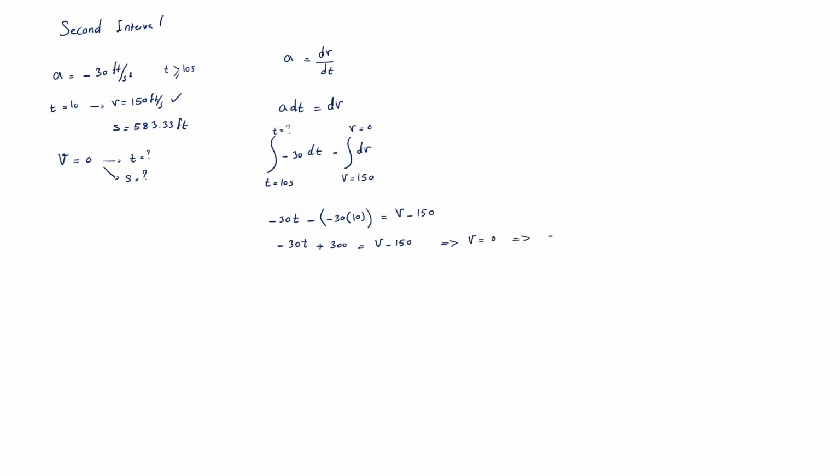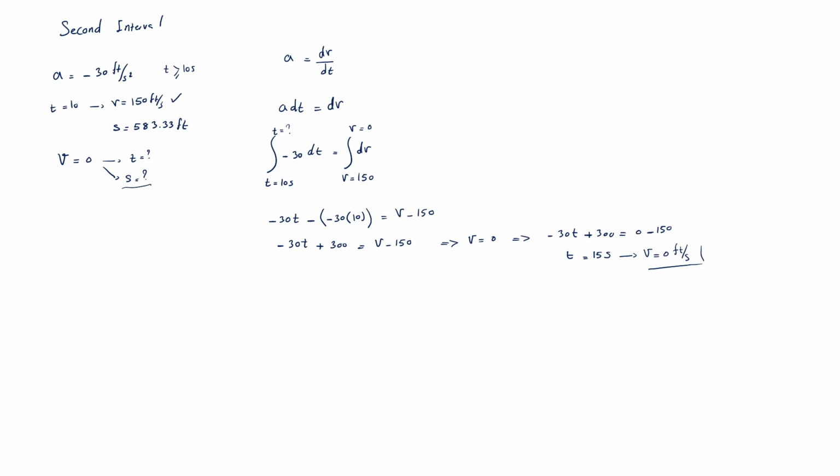So we have minus 30 times t plus 300 equal 0 minus 150. When we solve this one, the time is 15 seconds. It means at time 15 seconds, the velocity of the race car is 0. For the second part, we have to find the total displacement of the race car.